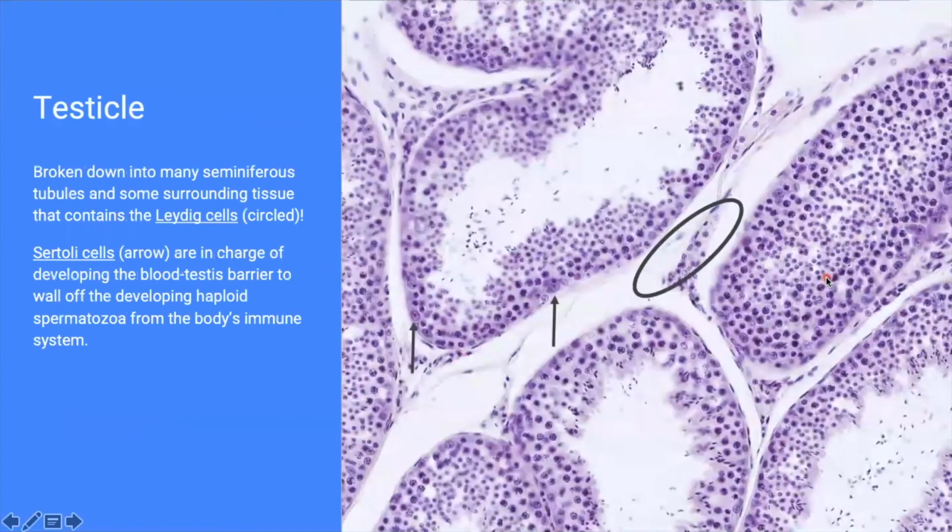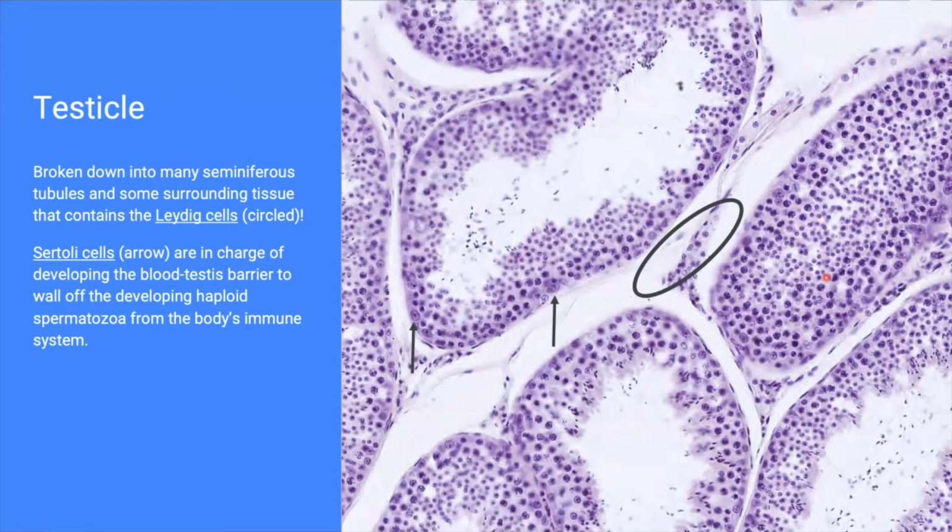All right, moving down into the testis. These are honestly pretty simple histology structures, luckily. There's just a few things to remember: the testis is broken up into many seminiferous tubules in which spermatozoa are undergoing division and maturation processes.